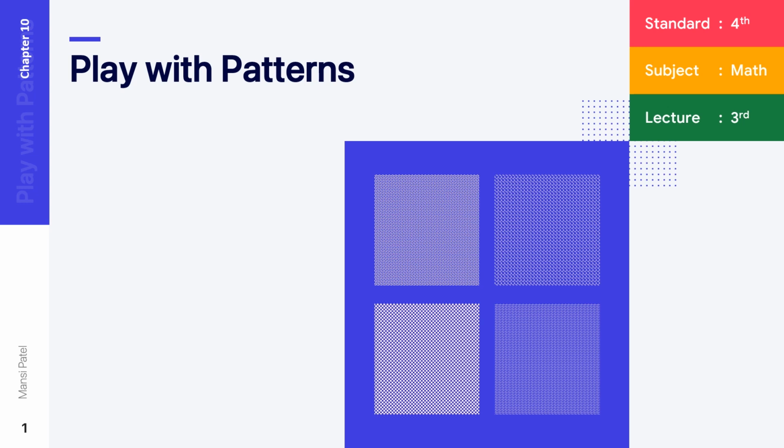Today we are going to study completing the patterns, then no number comes twice, and in the last we see the secret message. So let us begin with how to complete the patterns. Let us start.